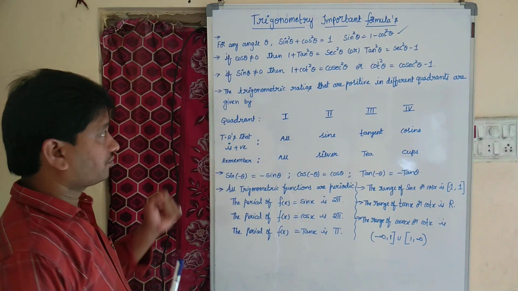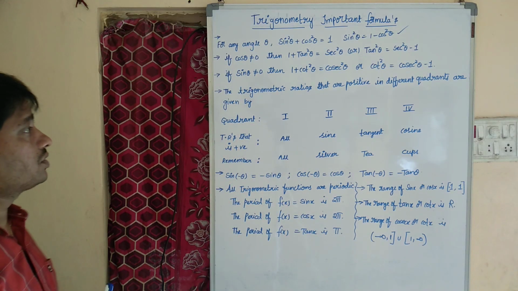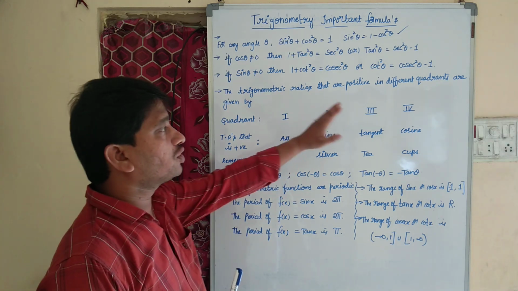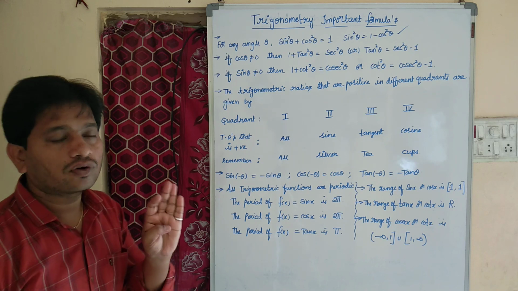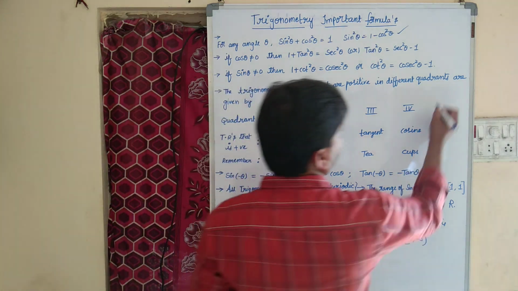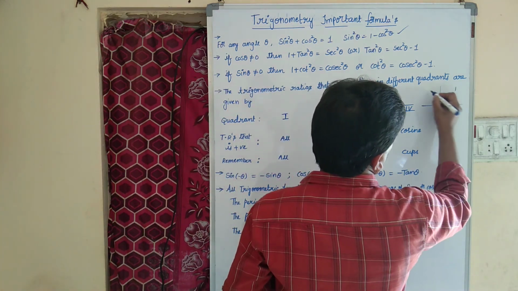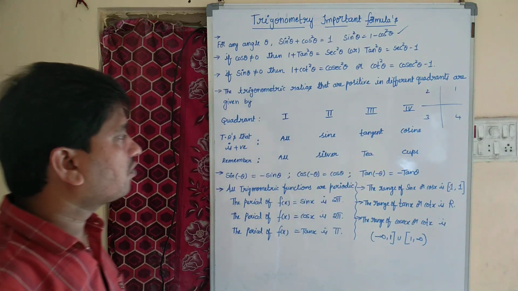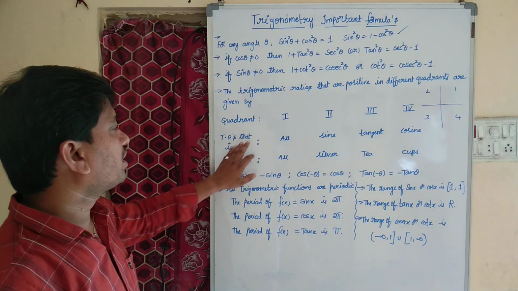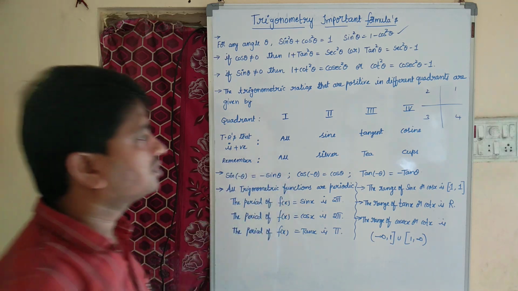And coming to trigonometric ratios, the trigonometric ratios that are positive in different quadrants are given by, we have four quadrants: quadrant 1, quadrant 2, quadrant 3, quadrant 4. In quadrant 1, all the trigonometric ratios are positive.